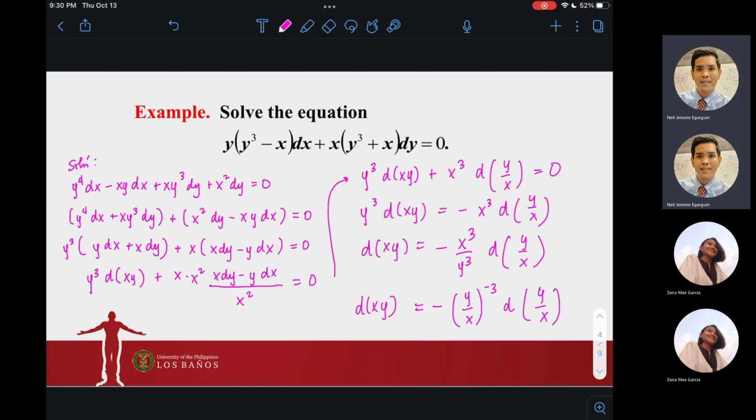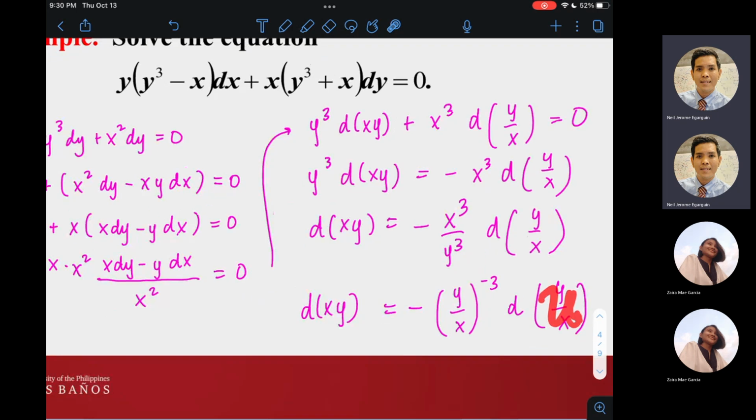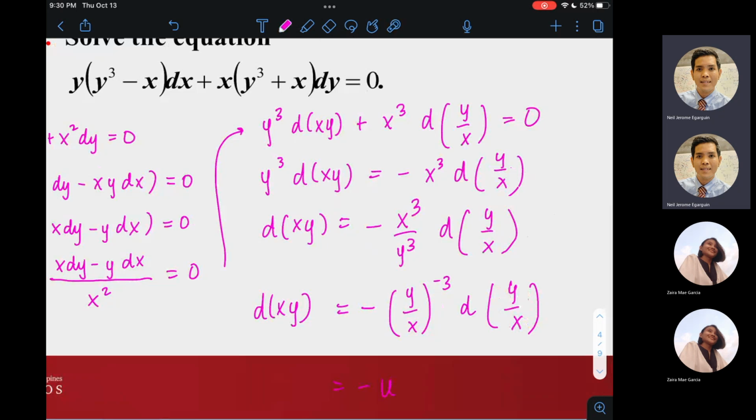Because now you can think of dy over x as a single variable u. Isipin mo na lang lahat ng y over x na nakikita mo ay u. So essentially, ang mangyayari dito ay meron kang negative u to the negative 3 du, where u is equal to y over x, right? Parang superficial change of variable lamang. Okay? Dahil pinalitan ko na yung nasa loob ng differential, hindi ko na kailangang computein ngayon saan equal si du.